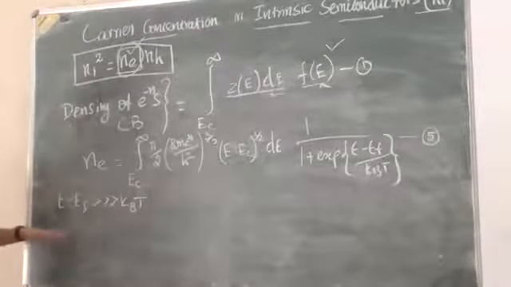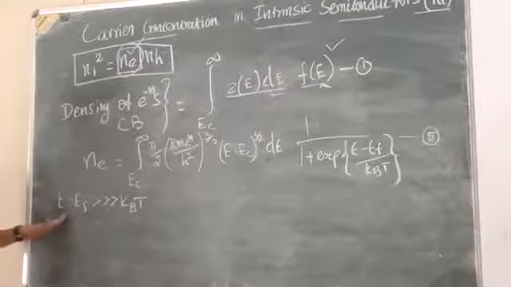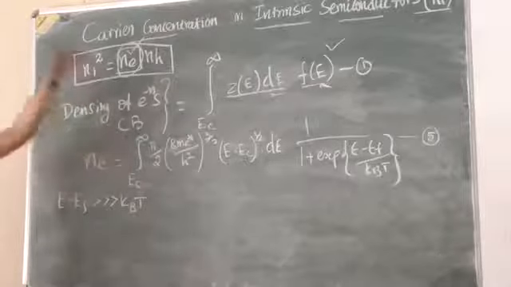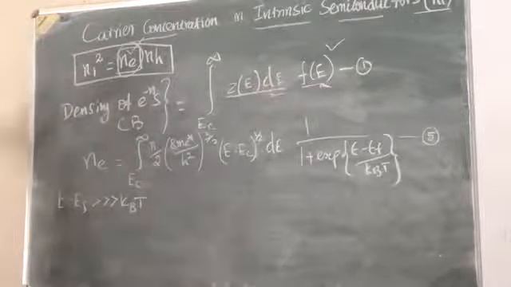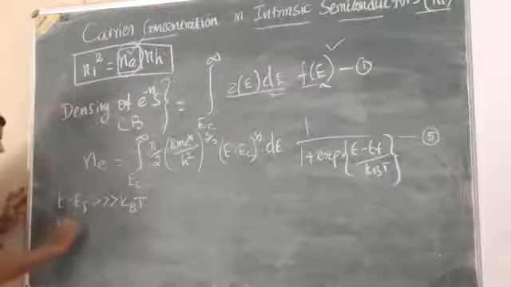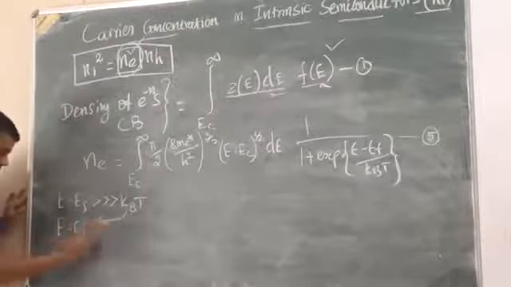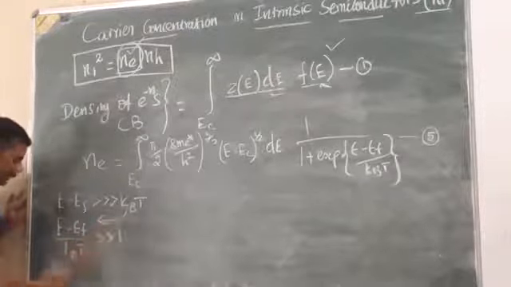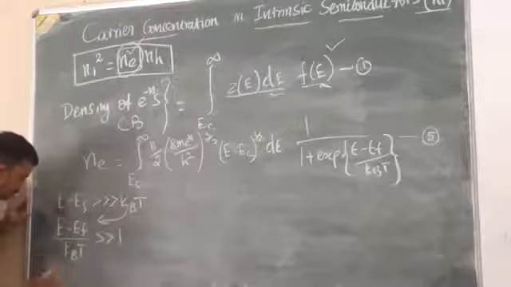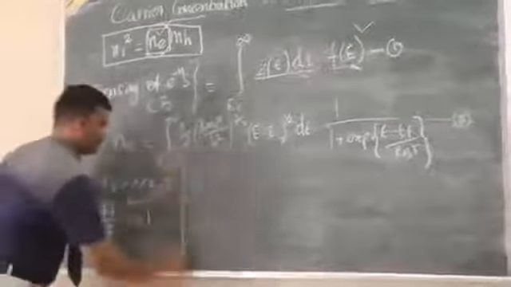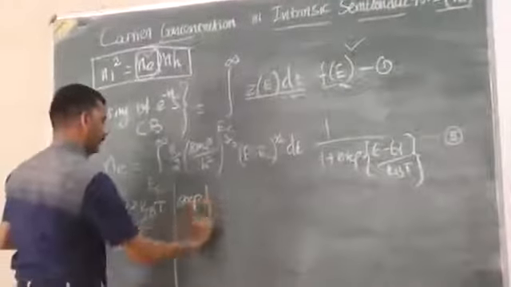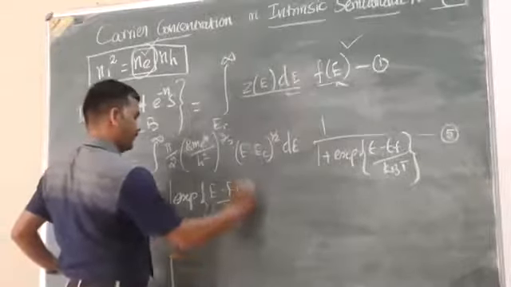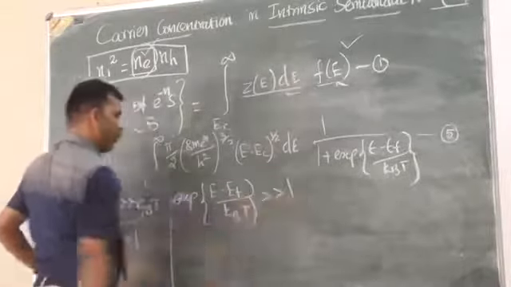Which means we need more energy for transferring the electron between the conduction band and the valence band. So from this we can write E minus EF divided by kBt is very much greater than 1, or exponential of E minus EF divided by kBt is very much greater than 1.